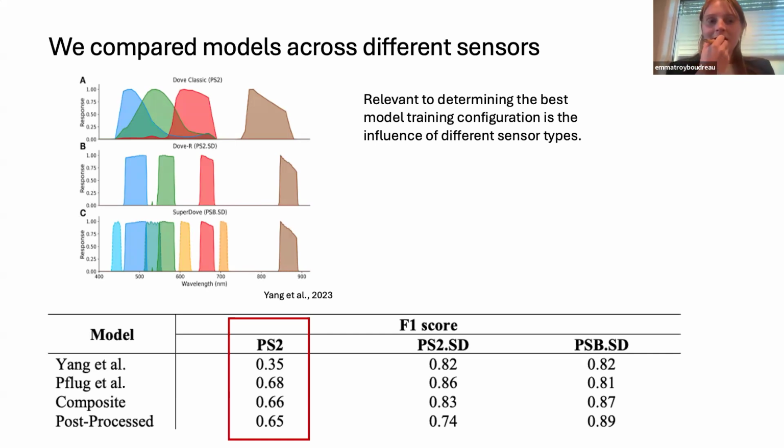No. In all of this work, maybe I should have explained this a little bit more, the only maps that we applied this post-processing to is the most simple, base model of the Yang et al. method. Anywhere it says Flug et al., it doesn't have any post-processing added to it.